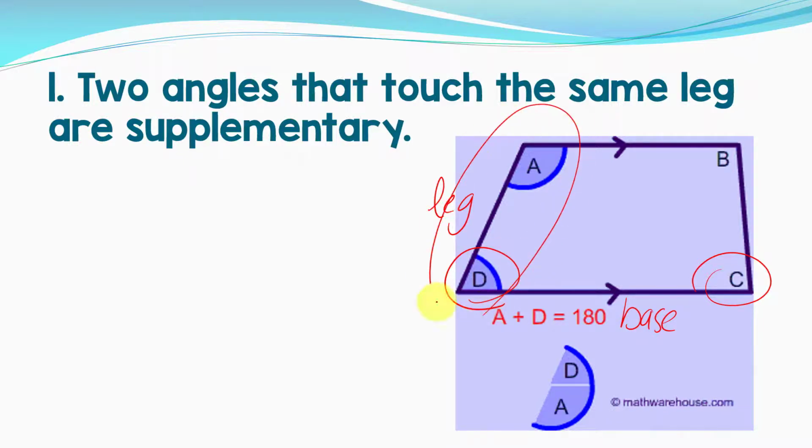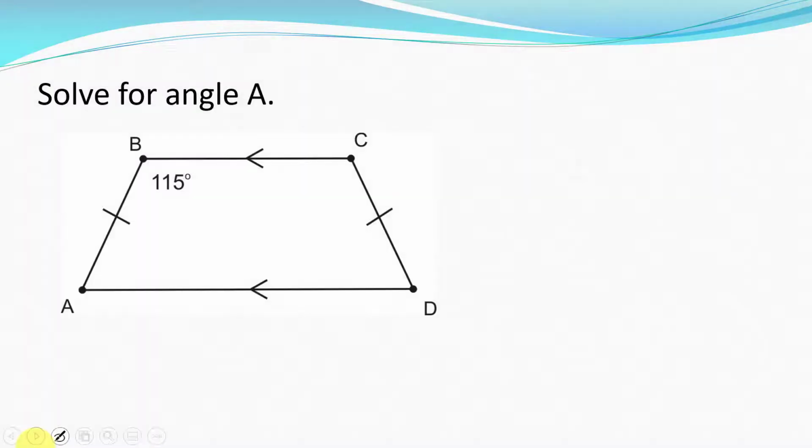So these two are going to equal 180, and these two will equal 180. So for angle A, we know that these two are touching the same leg, so they must equal 180. So 180 minus 115 would be 65.